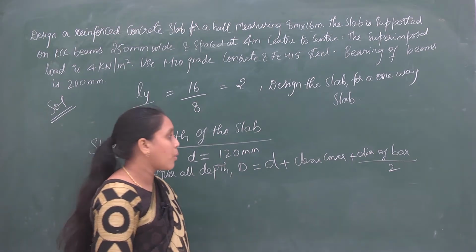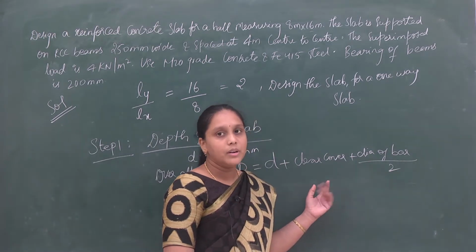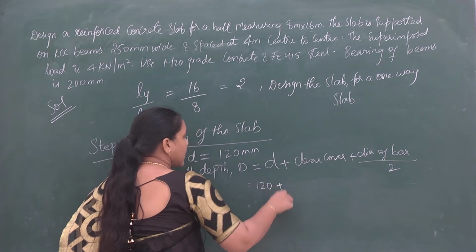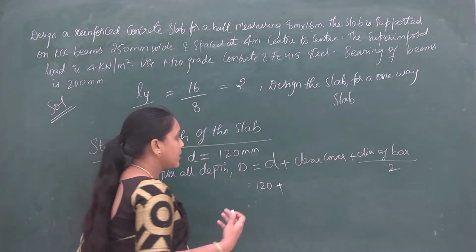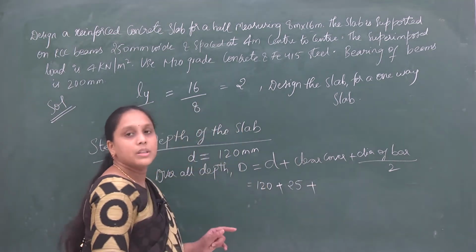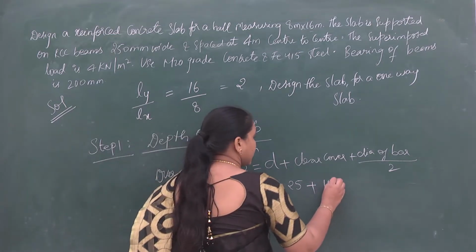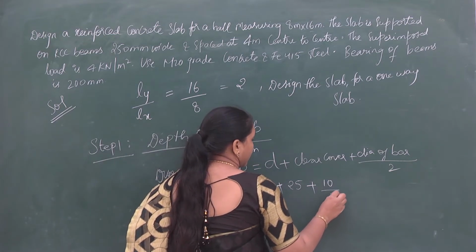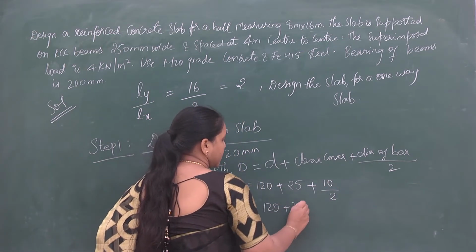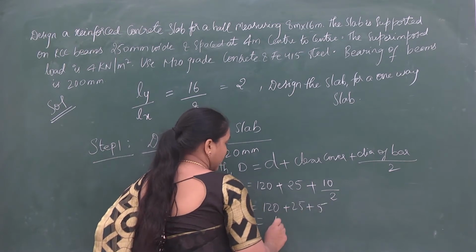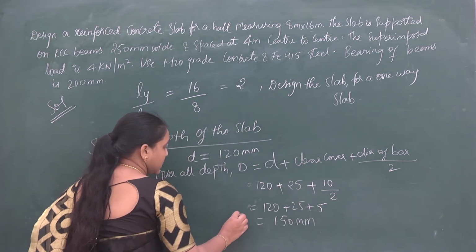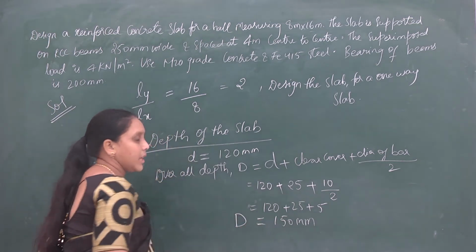So D is 120 mm plus a clear cover of 25 mm plus the diameter of the bar, 10, divided by 2. It will be 120 plus 25 plus 5. Total is 150 mm. So the overall depth of the slab D is 150 mm.